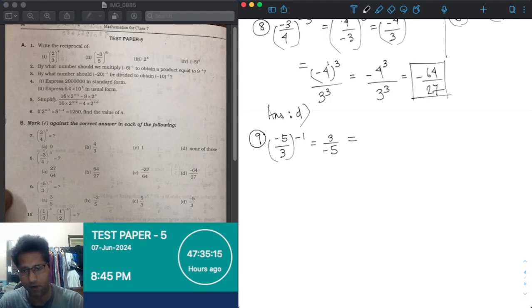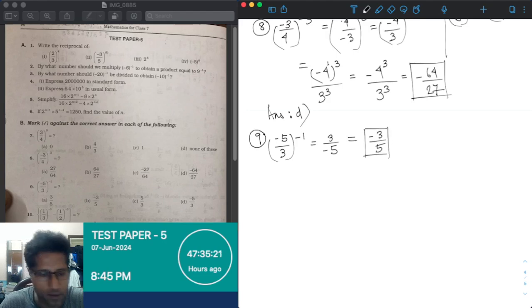We have to make the denominator positive. So this becomes minus 3 by 5 as the result, and the choice for question number 9, minus 3 by 5, is B. Okay.